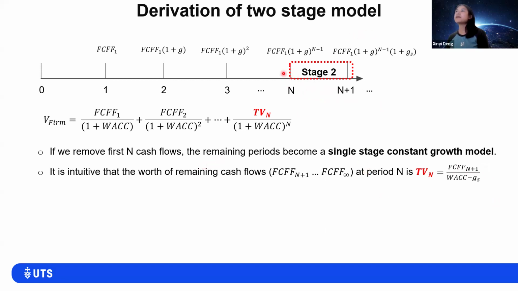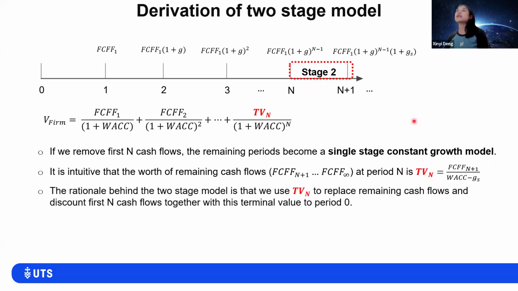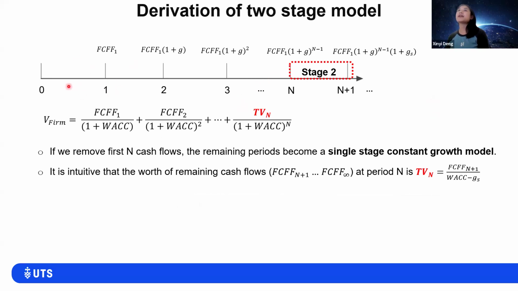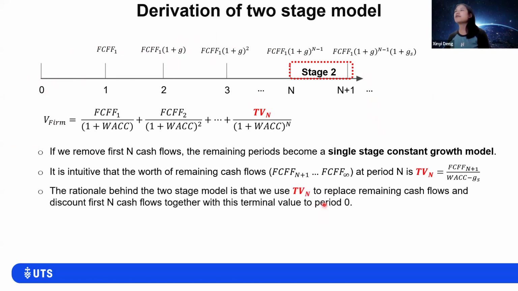So after doing that, we now have a value of the remaining stage 2 cash flows at period N, and it's denoted as TVN. To obtain the final value of the firm at period 0, we need to discount back both the cash flows of the high growth stage and also the terminal value that we just calculated.